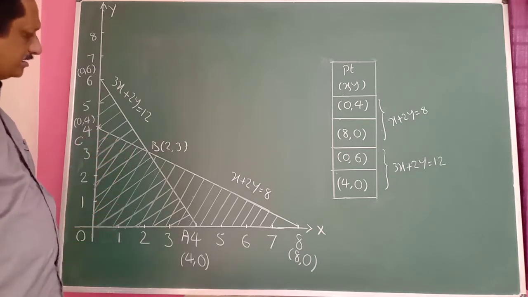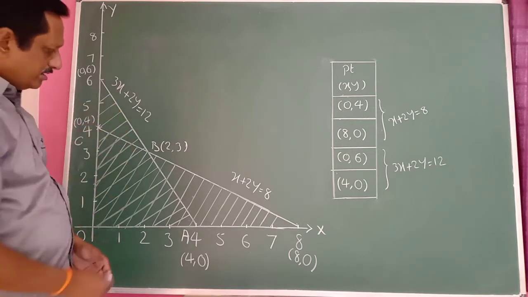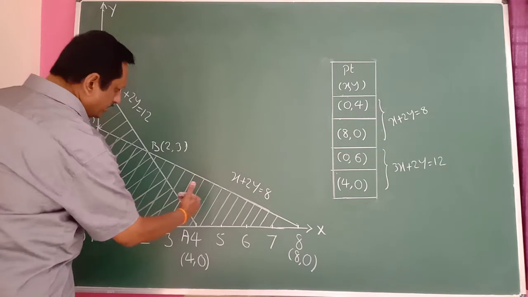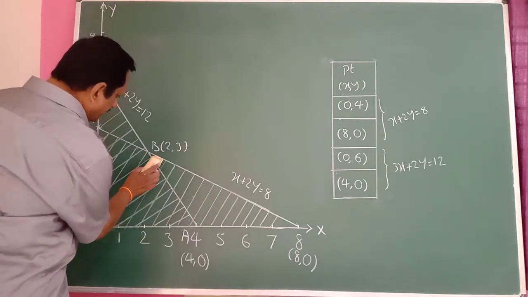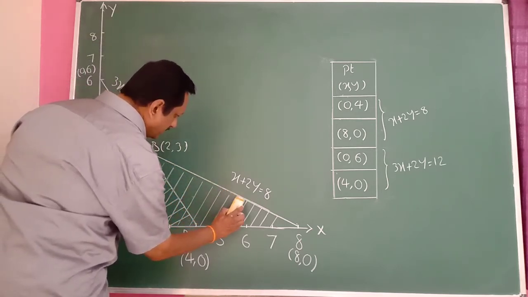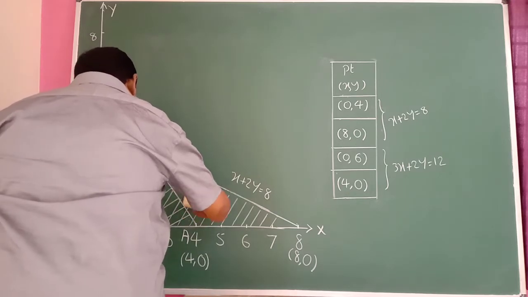And in examination, you do not need to show it like this. You can shade only this region also, because this line shading is below, this line shading is below. Both shadings meet here only. Therefore, you can draw in the examination only this much. It's not necessary to shade all of it.